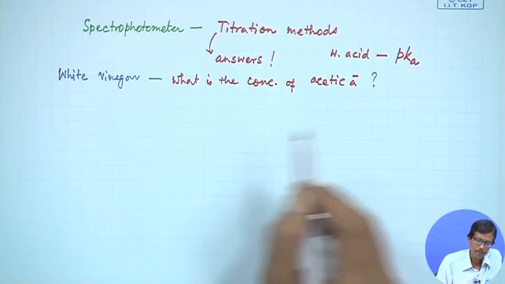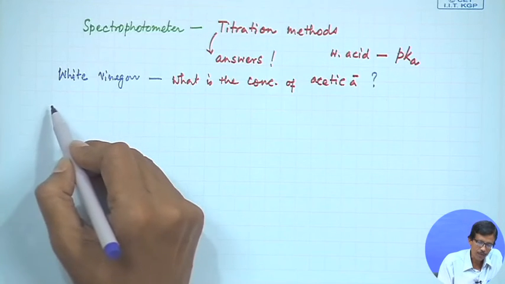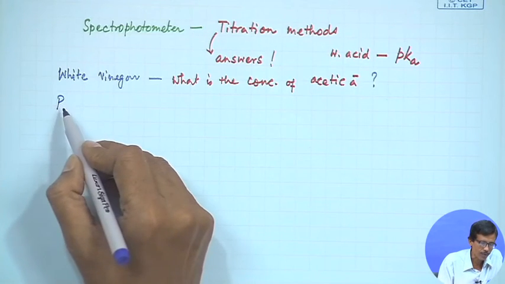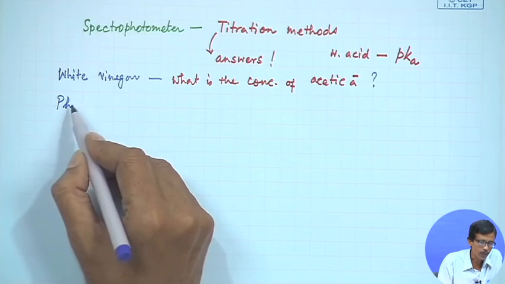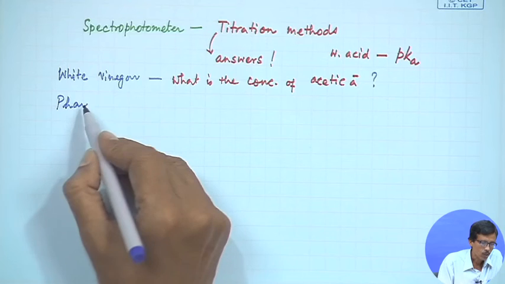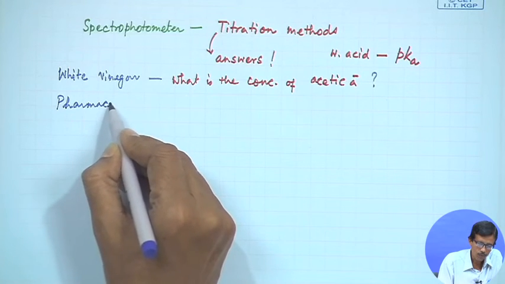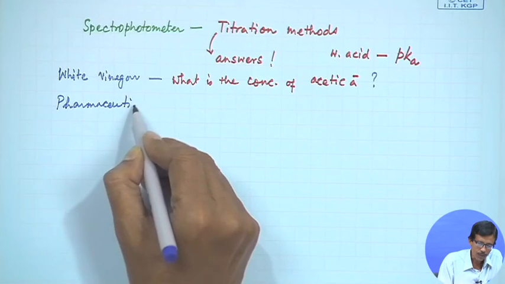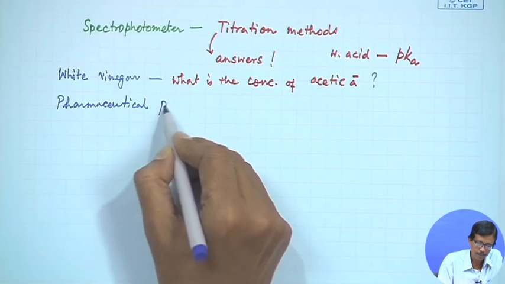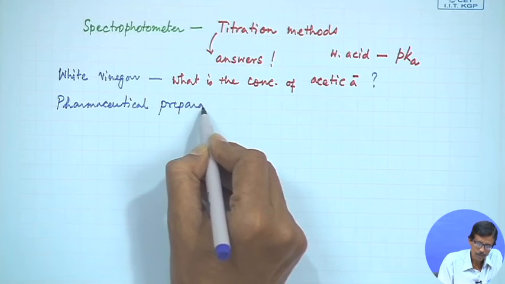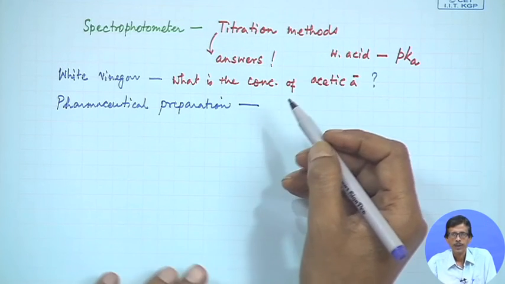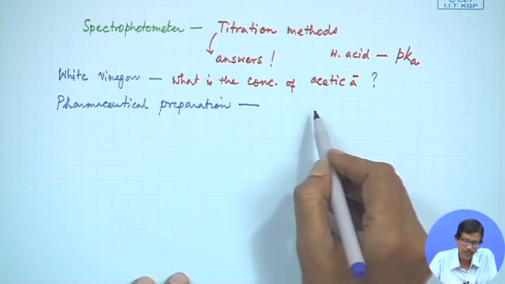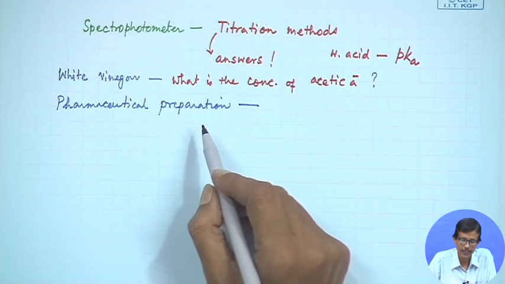particular sample. Then we can have some pharmaceuticals. So, pharmacists or the pharmaceutical industry will also be interested to know, for any pharmaceutical preparation, its purity, and during the preparation ultimately the yield of that particular preparation.